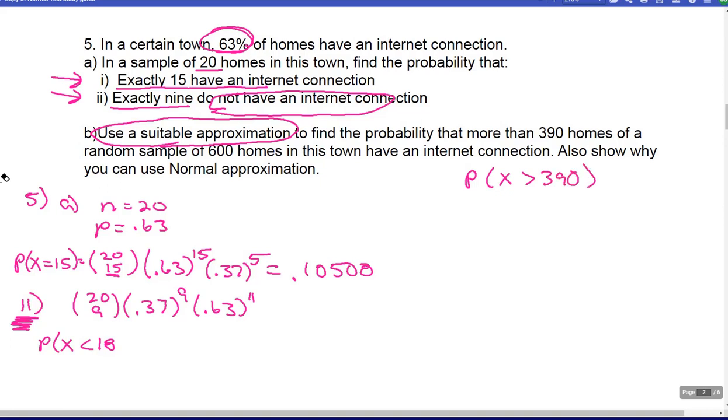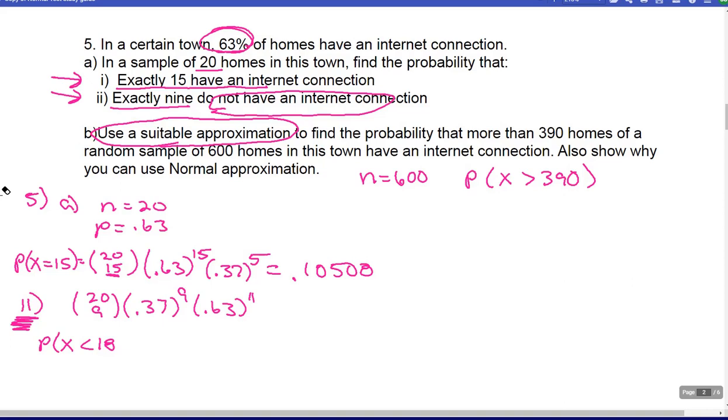Okay, so I want to find this, and what's my n? 600. All right, now imagine if I was doing this by a binomial distribution, what would I have to do? I'd have to find the probability of x equaling what? More than 390, which is 391, 392, 393, 394, 395. I would have to do that 210 times. Does that make sense?